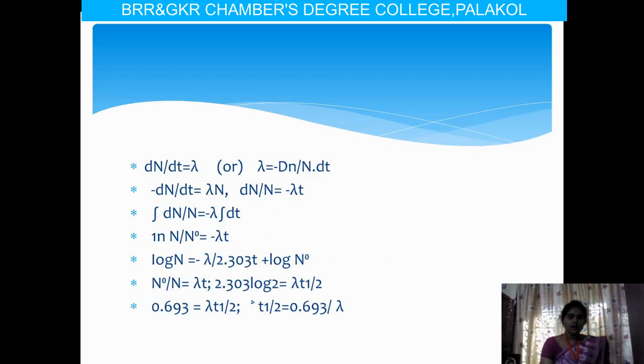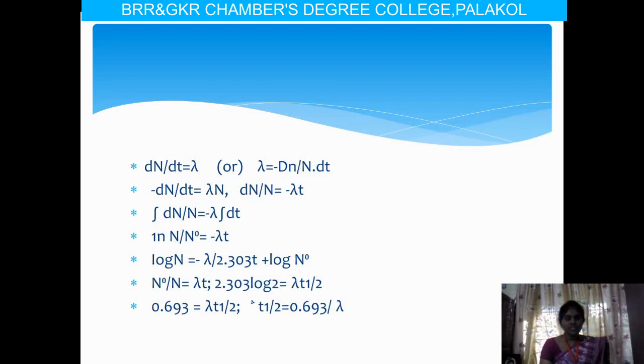The equation means that lambda is the fraction of the radioactive atoms which decay. Integrating the differential equation, minus dN by dt is equal to lambda N, so dN by N is equal to minus lambda dt.